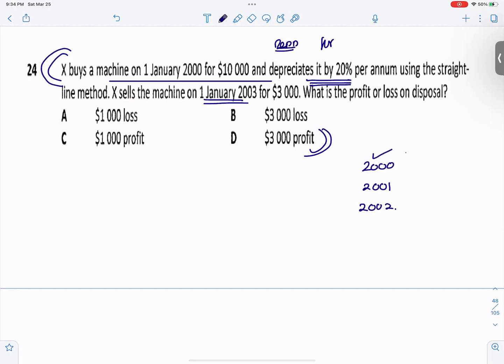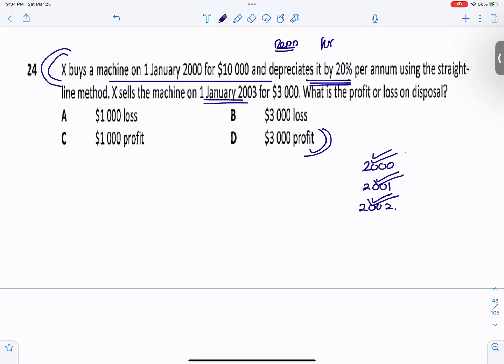He depreciated in 2000, in 2001 and in 2002. First you tell me how many years he depreciated for. 3 years.